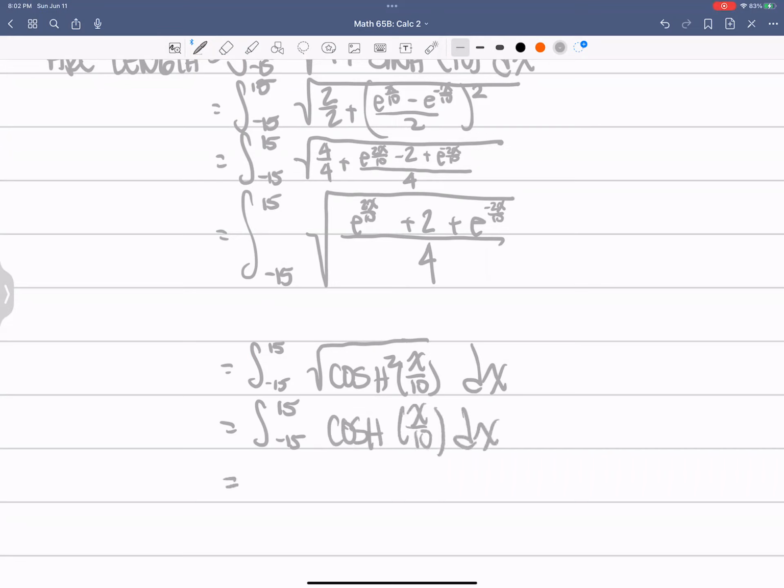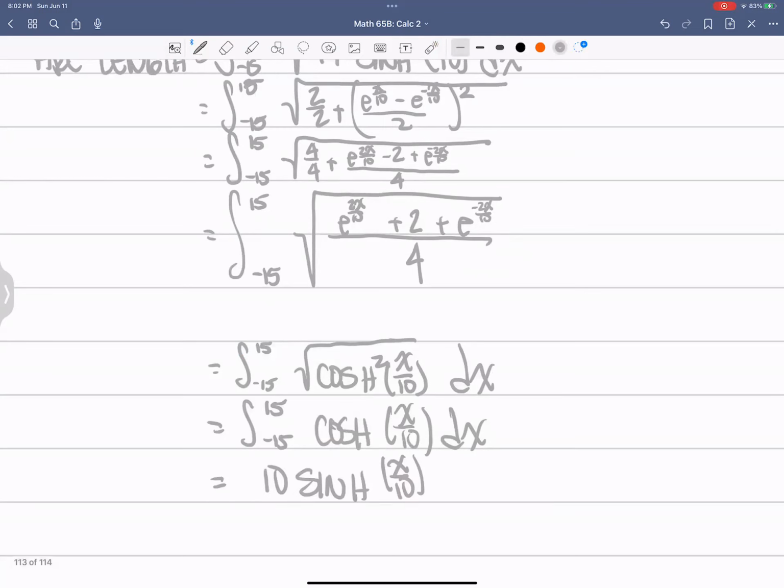Earlier we took the derivative of sine, which ended up being cosine, so this integral is hyperbolic sine of x over 10, which we need to multiply by 10 because of the denominator.